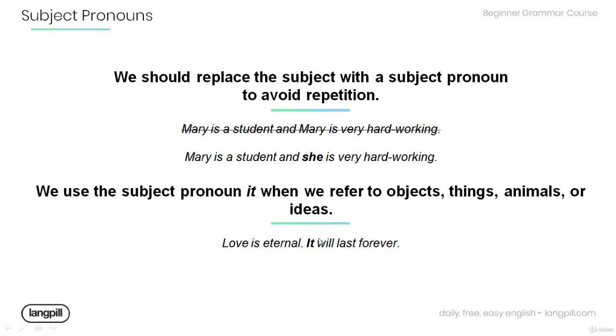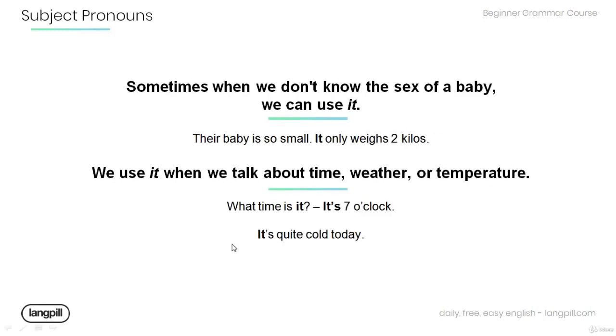The pronoun "it" refers to the word love. And sometimes, when we don't know the sex of a baby, we can use "it." For example, "Their baby is so small. It only weighs 2 kilos."